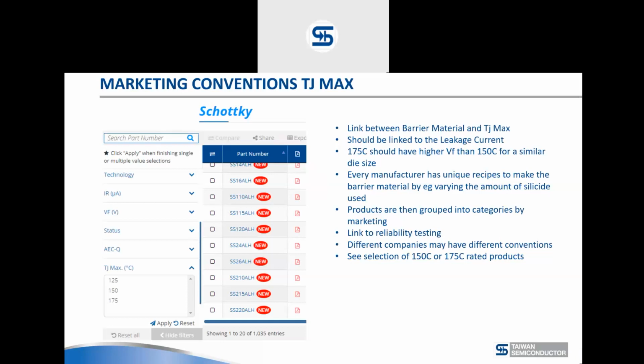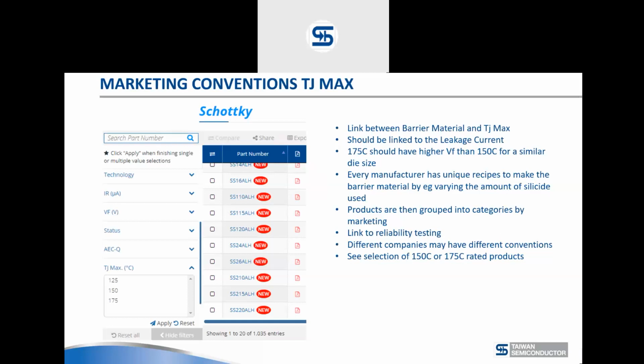So there is a link to reliability testing, but not every supplier has the same definition or understanding of what a barrier material is, or if it's 150 or 175, or they're all different. There are dozens of different barrier materials around. So the leakage current is also obviously dependent on the die size. That's another thing we should mention on this slide.